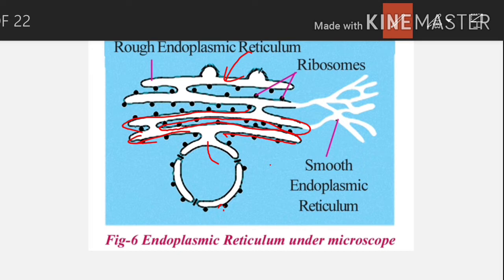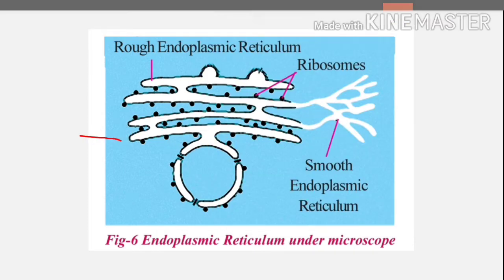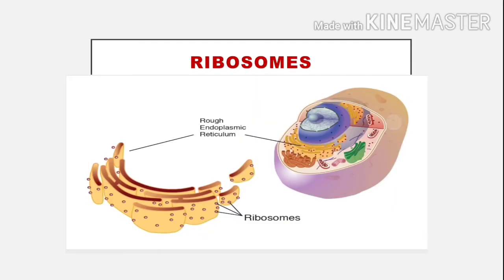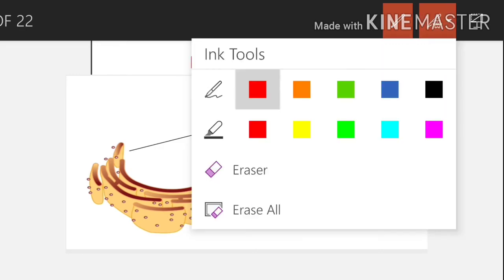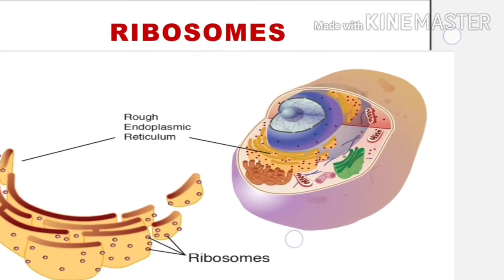In this video, we will learn what the endoplasmic reticulum is, how many types of endoplasmic reticulum there are, and the functions of the endoplasmic reticulum. This network of membranes is observed throughout the cytoplasm. If you see the cytoplasm of the cell, the endoplasmic reticulum has so many folds.